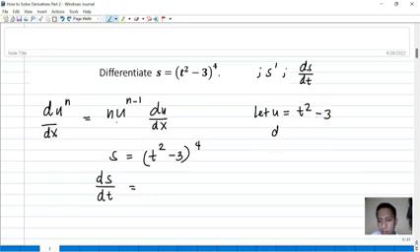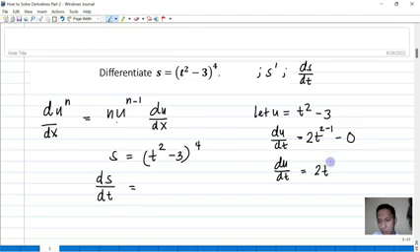So we have here the derivative of u with respect to t. That is 2t. So bring down the exponent and subtract 1 to the exponent, so basically that is 2 minus 1. And this is minus 0, the derivative of a constant is 0. So this becomes the derivative of u with respect to t as 2t raised to 1, or 2t lang.